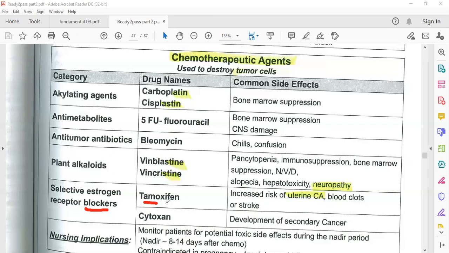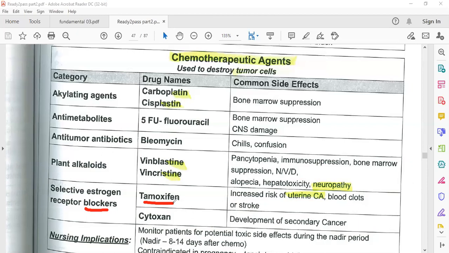Mostly you use tamoxifen. Tamoxifen works for and affects women, and patients who take tamoxifen, especially women, can have hot flashes or irregular menstruation, also vaginal bleeding and discharge.